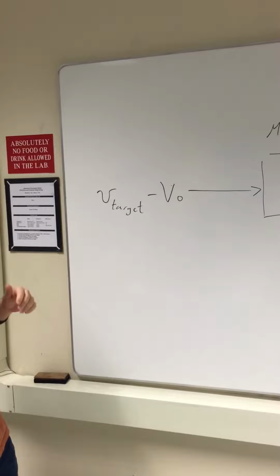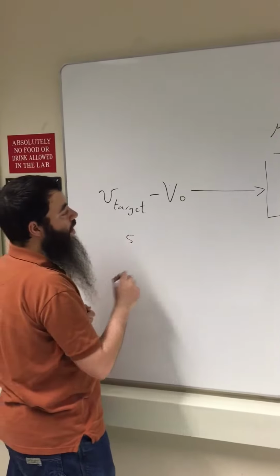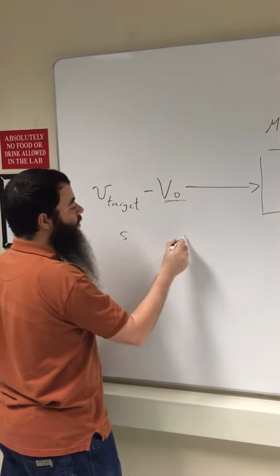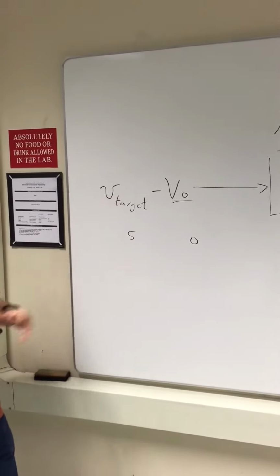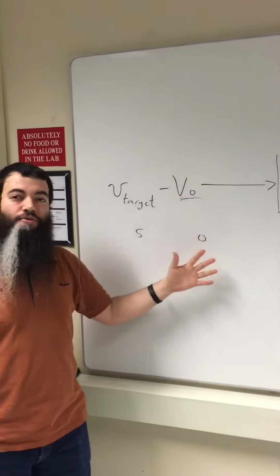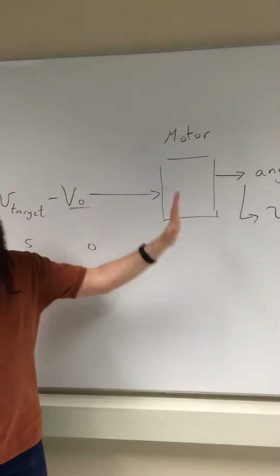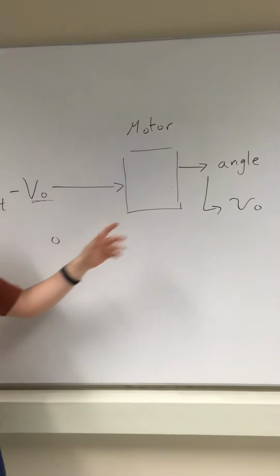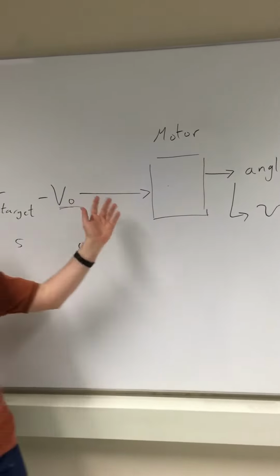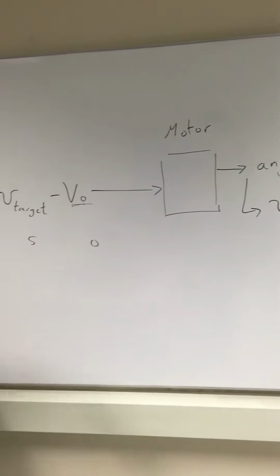Why does this work? Imagine that our target voltage is 5 volts and now we are at 0 volts. So we have V target of 5 volts and the current volt equals 0, so this is 5. This volt pushes the motor in the direction that increases the output volt.